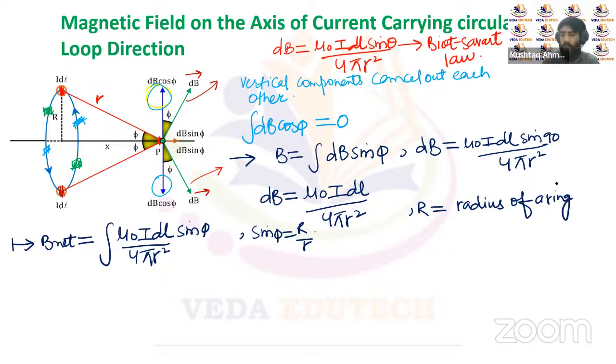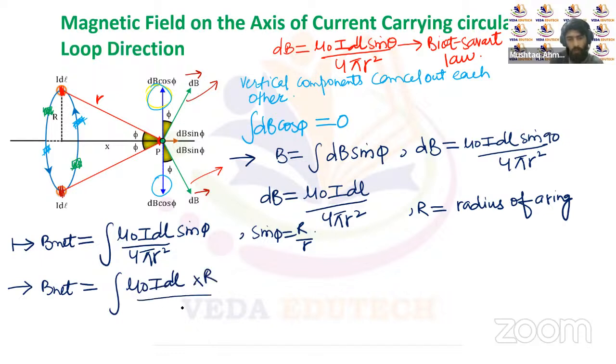So capital R is the radius of the ring, and small r is the distance of this dl element from this point P. We can substitute the value of sine phi in this equation. We get B net as the integral of mu naught I dl R upon r, upon 4 pi r cube.